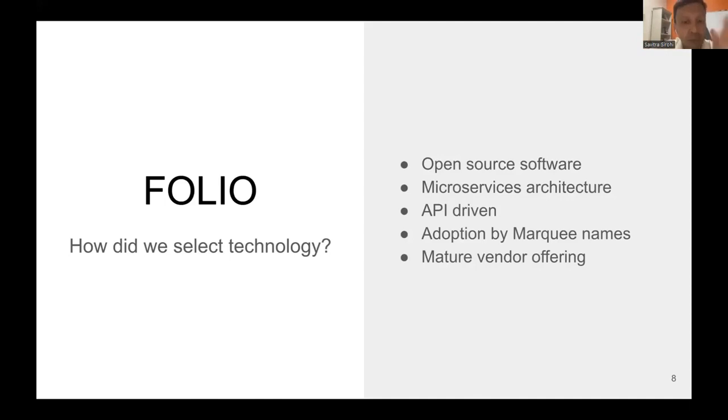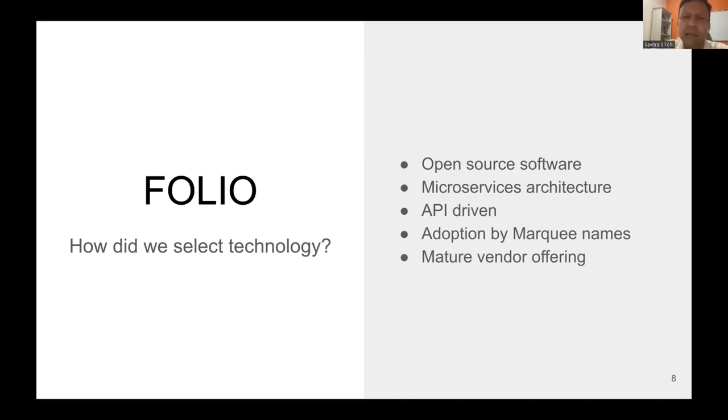It was also open source, of course. So when we wanted to build something around Folio or within Folio, we could do that. It was microservices, future-proof technology, very flexible, very extensible. It was totally built with APIs. Folio has a very strong API, and it has been built with APIs in mind right from the start.